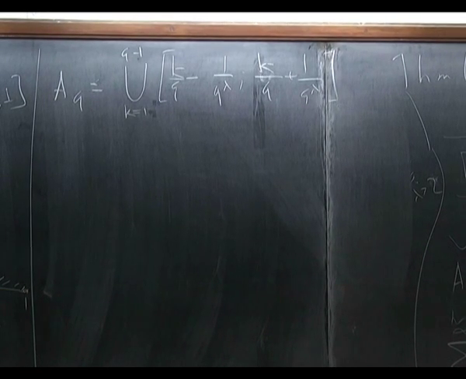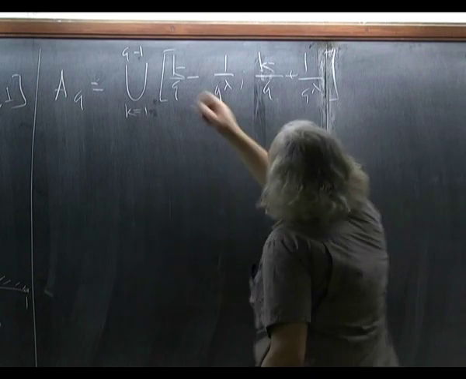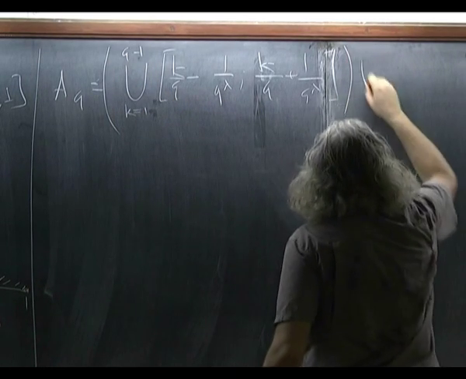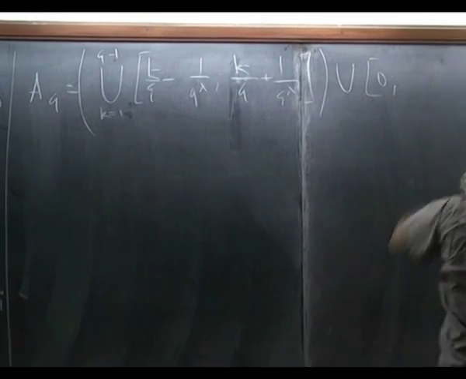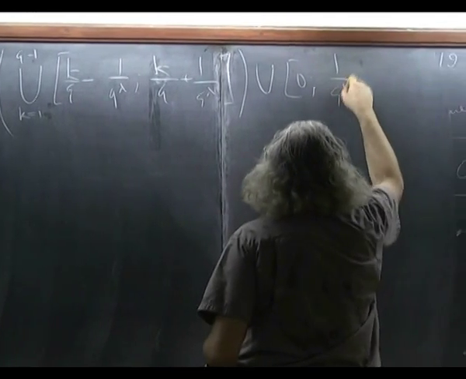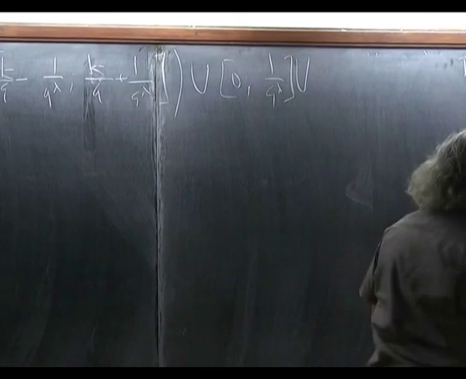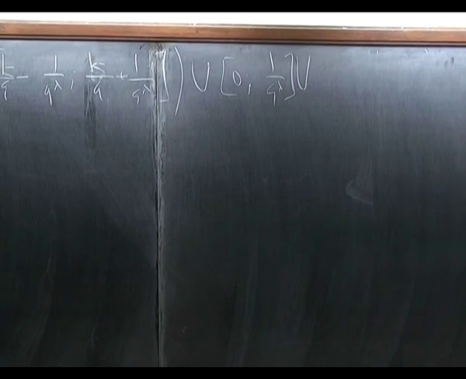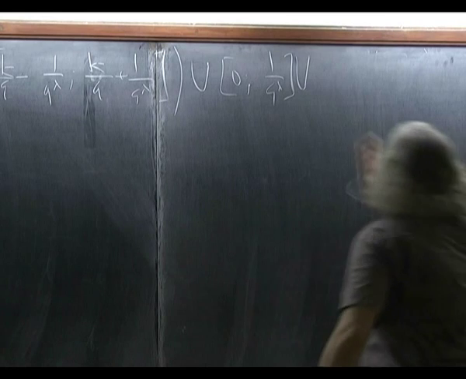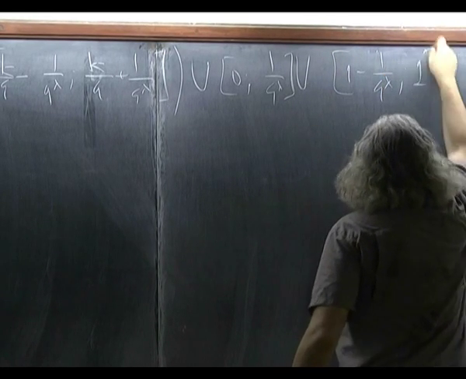So we also have to add to this the interval 0 to 1 over Q lambda, and the interval 1 minus 1 over Q lambda to 1.